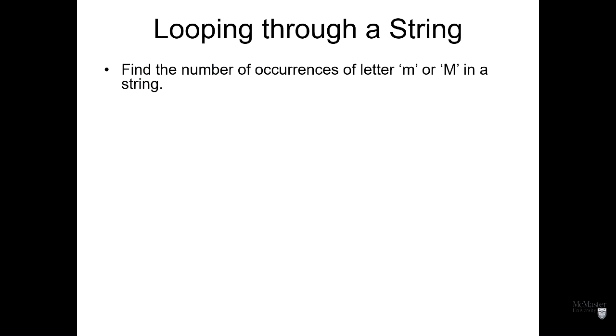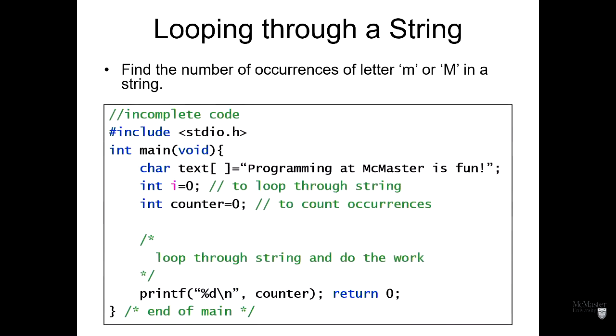Okay. So as I said, you can actually do so many things. These are just some examples. Find the number of occurrences of a letter, M, in a string, right? So something you can do is say, now I define this as a constant array, but you can use this as an input from a user.